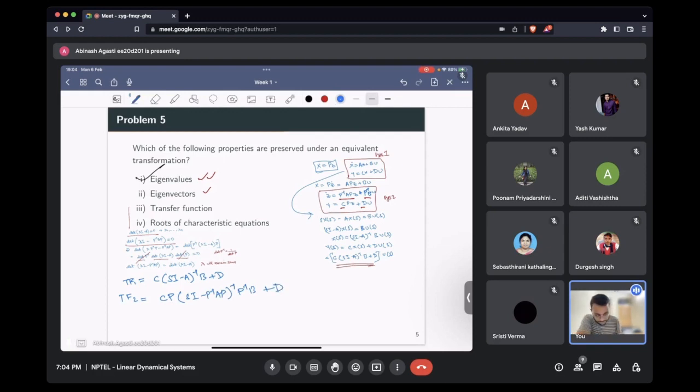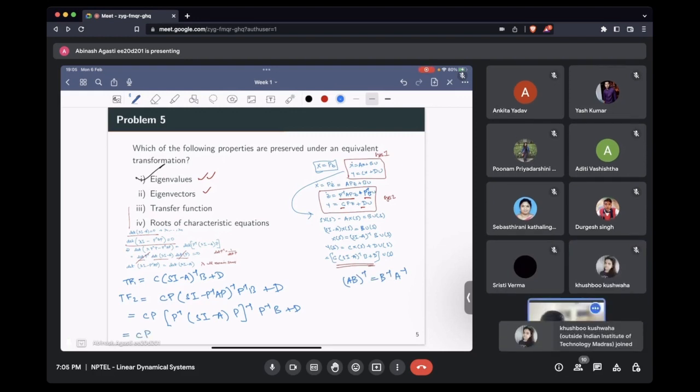So if we see, this is CP into, again we can write this as, P inverse (sI minus A) P whole inverse, P inverse B plus D. Now remember that if I have AB and I'm trying to find the inverse, then this is equal to B inverse into A inverse. So for ABC, it will be C inverse, B inverse, A inverse.